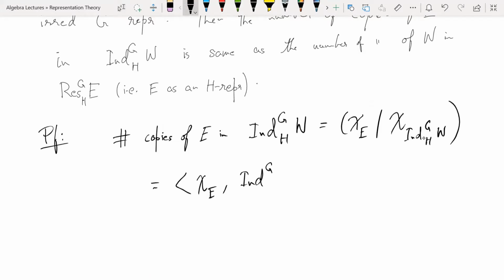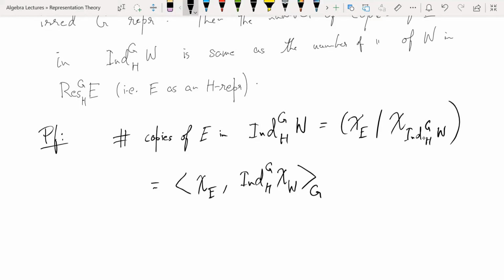So in GH, chi E and chi W, and this pairing you calculate over G.